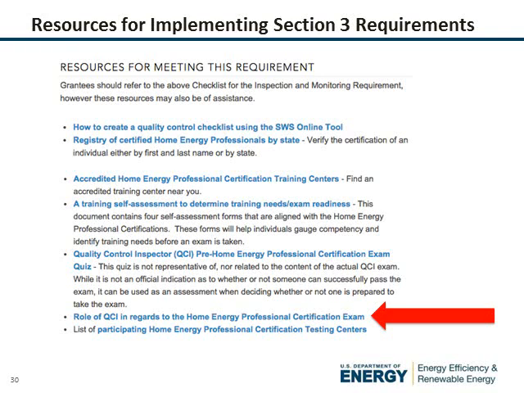You'll find this particular resource, I believe, under the training section of the energy.gov site, but please take a look at it. It's a very good document that lays out some of the challenging aspects of that quality control inspection exam and how to approach them effectively.